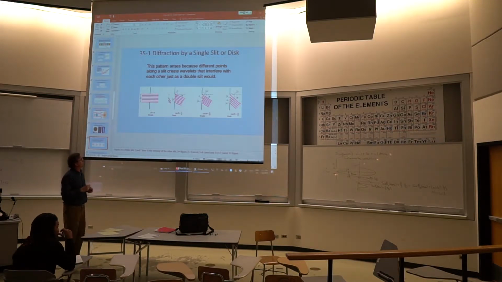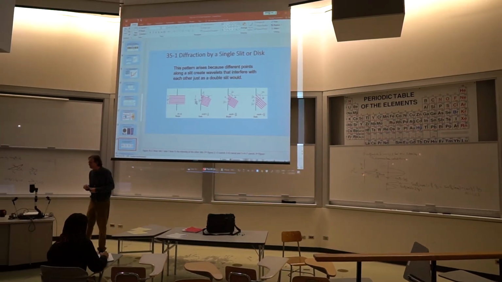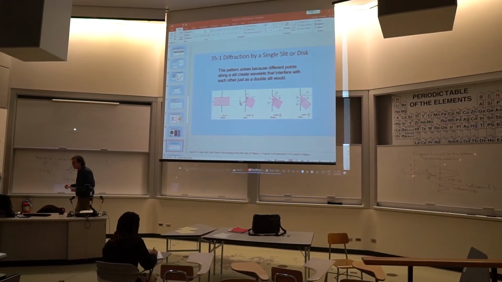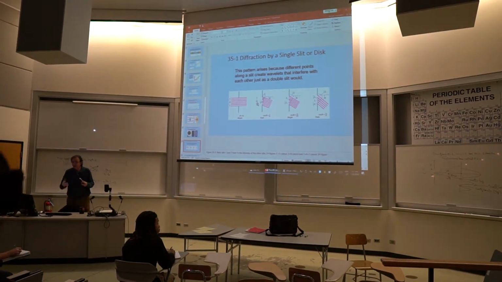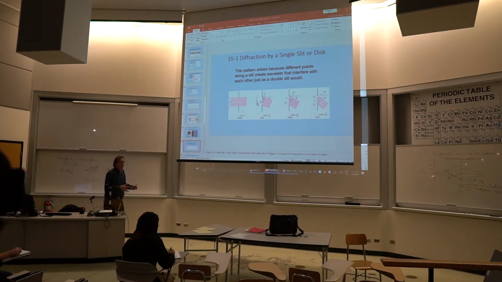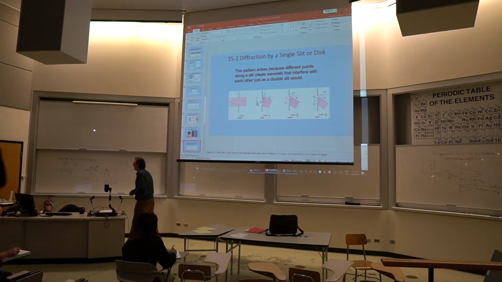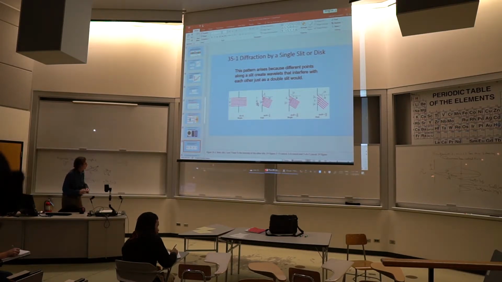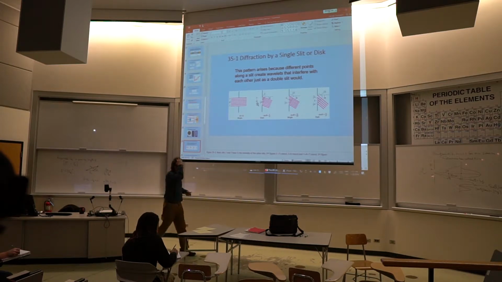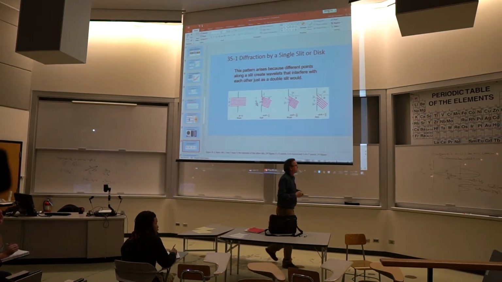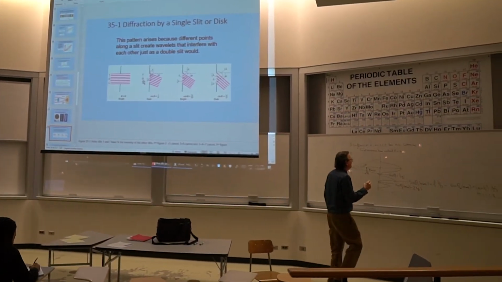Okay. All right. So, without further ado, now that we've identified where the maximum and minimum occur, we want to know what the intensity is everywhere in between. That requires the same sort of analysis. We want to know the intensity as a function of theta.